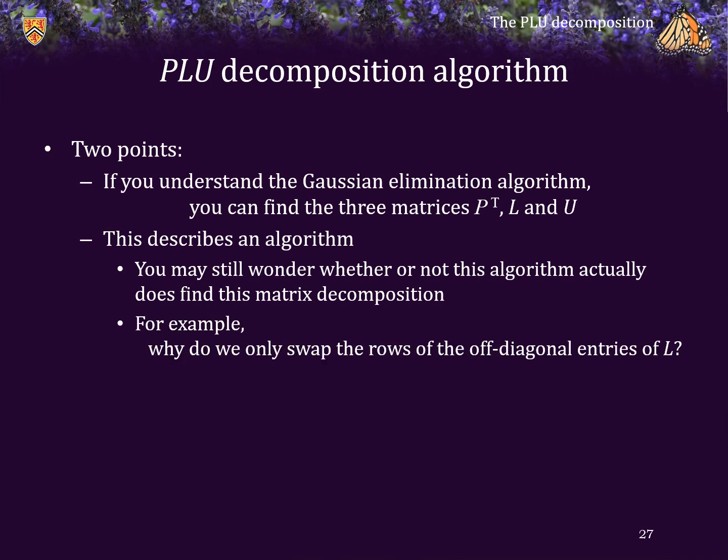For example, you may be wondering why in this algorithm do we define L prime as being a zero matrix and then only swap the entries of the modified L prime matrix while not swapping the diagonal entries.